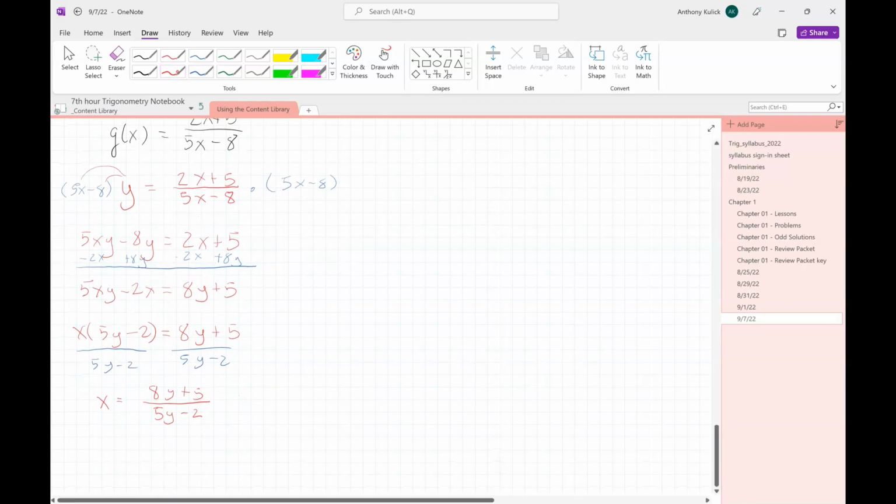Good for us. Now we swap the x's and y's. Well, that's all the hard stuff we need to do. Right? That's easy, swapping x and y.